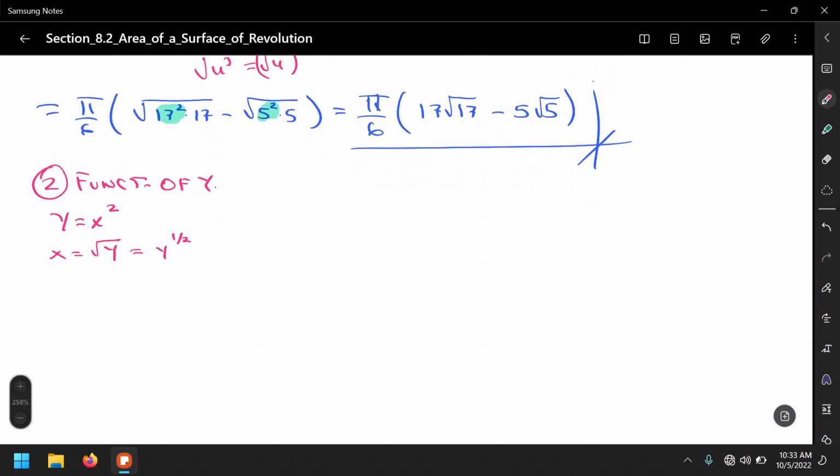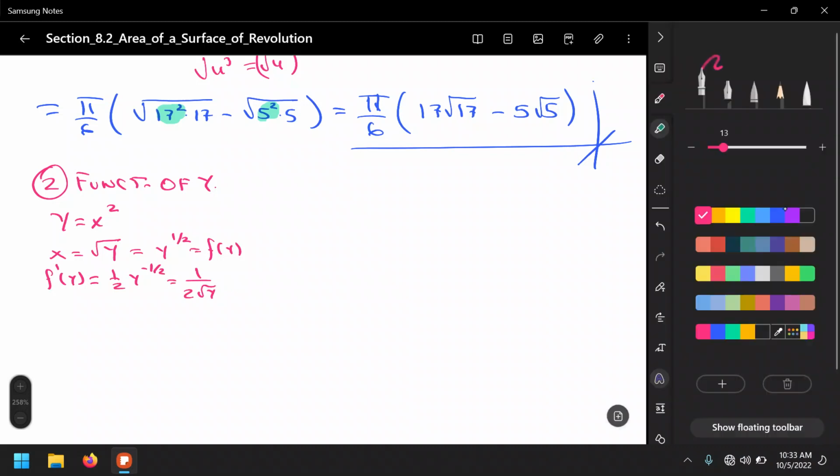All right, so let's find the derivative. That's x equals f of y. So f prime of y equals 1/2 y to the negative 1/2, which reduces to 1 over 2 root of y. All right, so let's go about the integral right here.